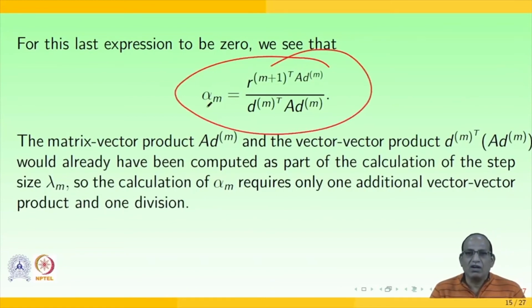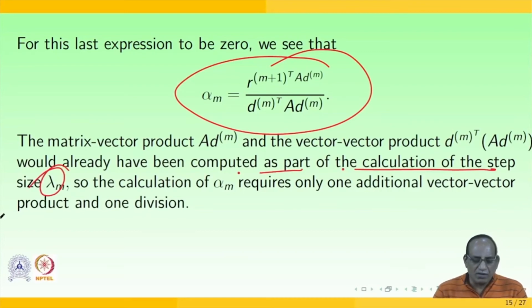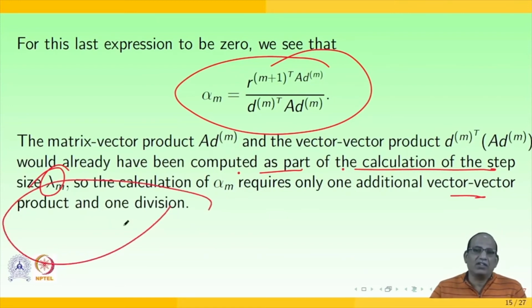Alpha_m is r_(m+1) transpose A d_m divided by d_m transpose A d_m. The matrix-vector product A d_m and the product d_m transpose A d_m would readily have been computed as part of the calculation of the step size lambda_m. So, the calculation of alpha_m requires only one additional vector product and one division.